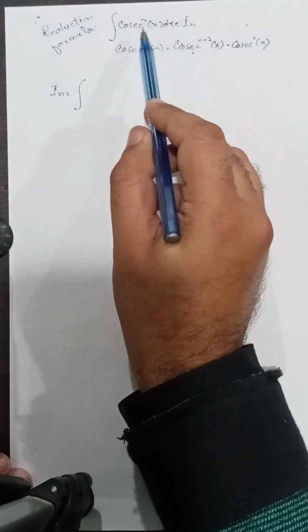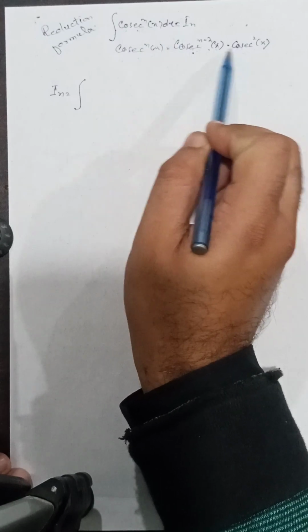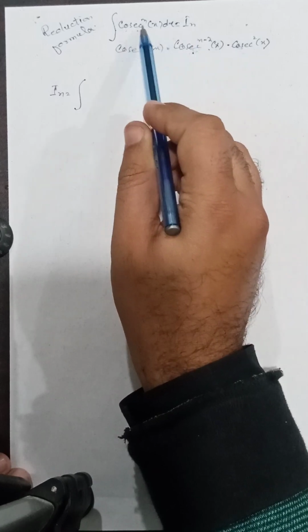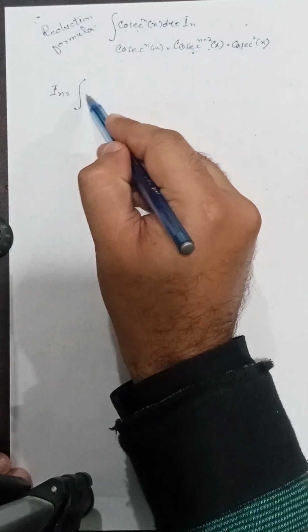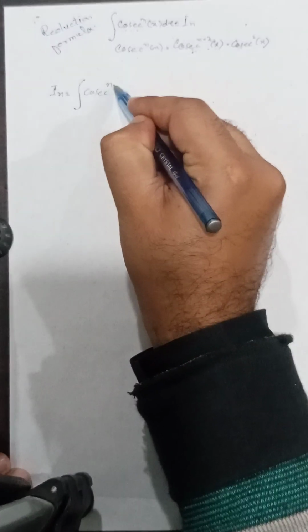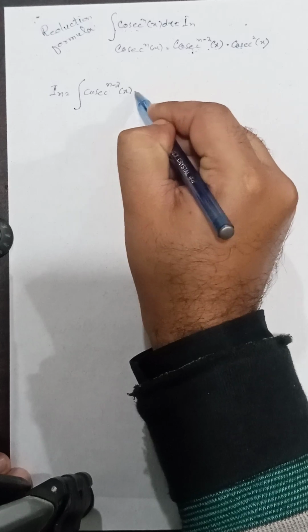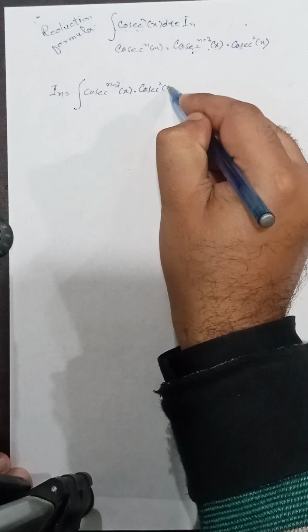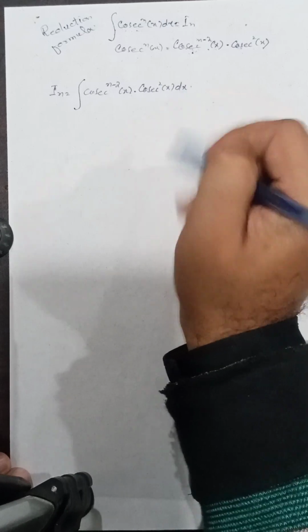Substituting these values here, it becomes the integral of cosecant power n minus 2 of x with cosecant square of x dx.